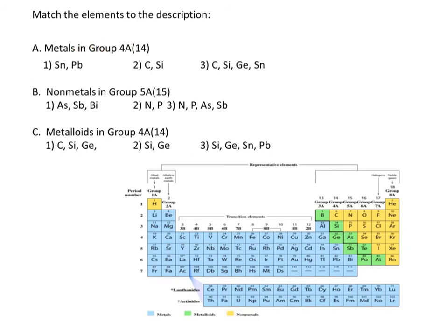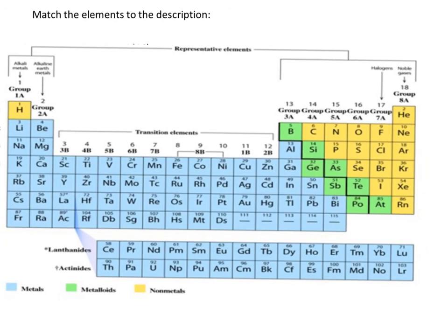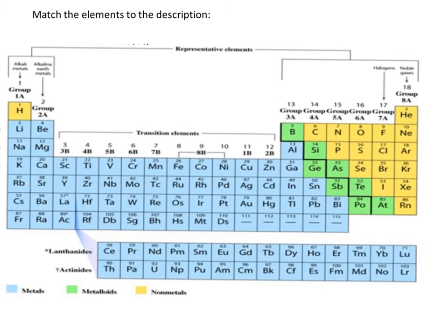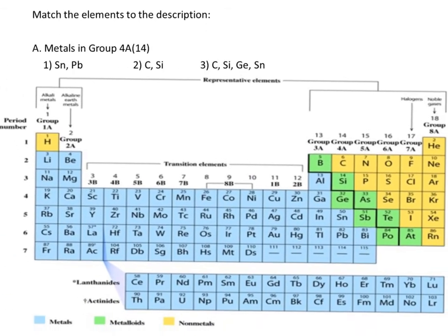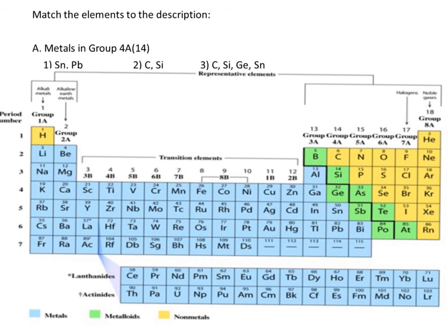Metals in group 4A. So we're looking for group 4A here on our periodic table. So let's pull up our periodic table. We're looking at elements in group 4A, and we're looking for the metals in that group. So we go down that group: nonmetals, metalloids, metals.